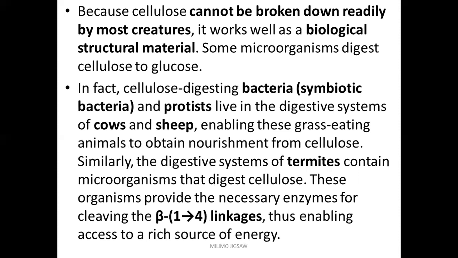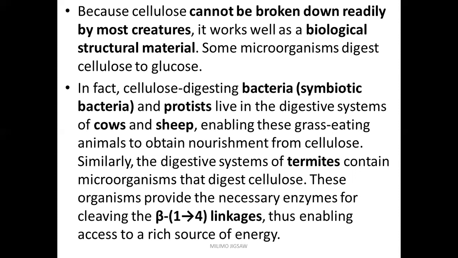So we have bacteria and protists, which can be found in the digestive systems of cows and sheep. They occur in these animals as symbiotic bacteria. So these enable these animals to obtain nutrients from cellulose.